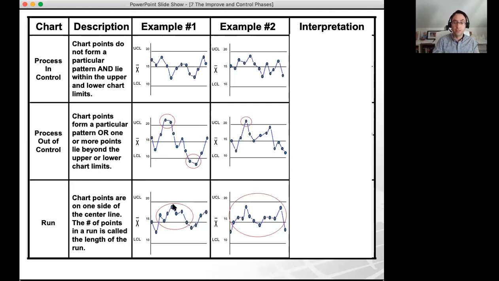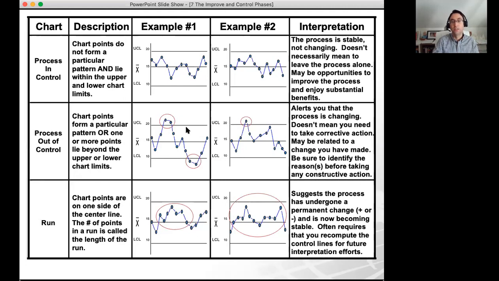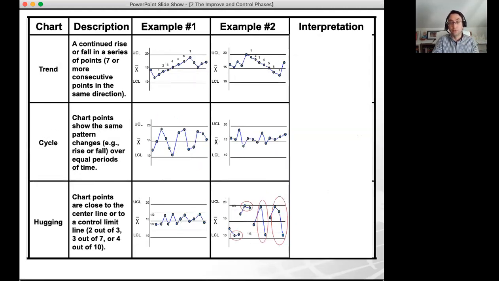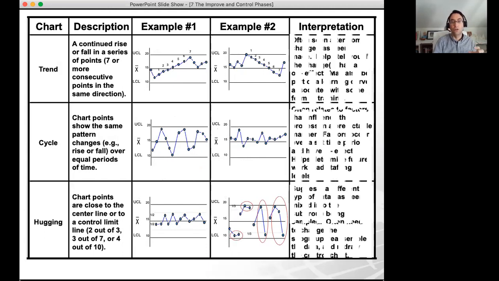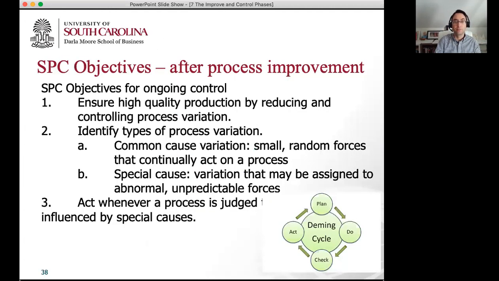If you have big runs up or big runs down, it might flag that you have a problem or you're going to have a problem pretty soon. You have a trend going up or down, some cycles, hugging the center, or too much on the sides. They're all examples of things that might be happening where you need to stop the process, take a look, and take some actions to see what's going on, right?